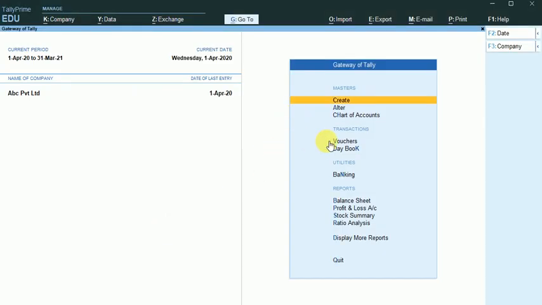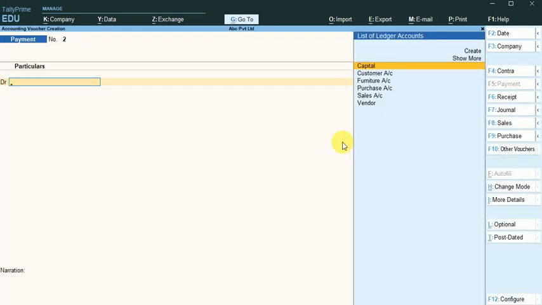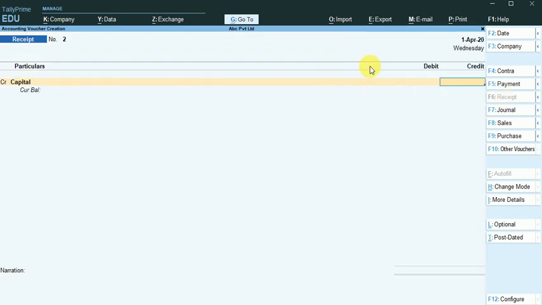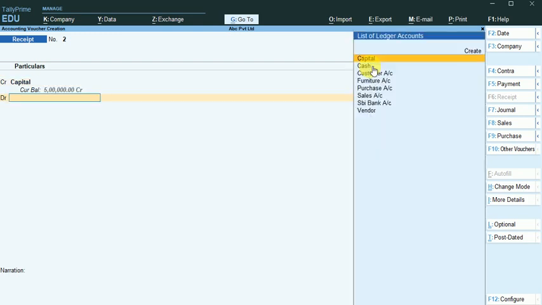So I'm entering into the voucher. I'm pressing receipts. So the credit will be the capital account for 5 lakh rupees. Debit is cash.